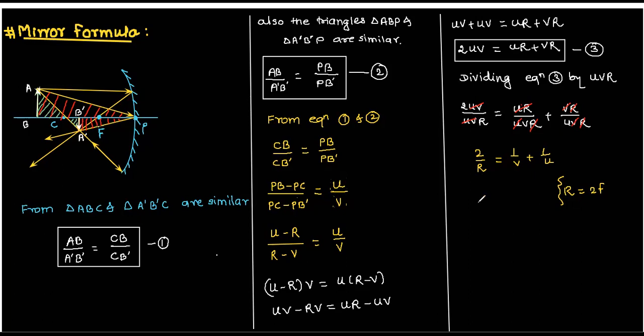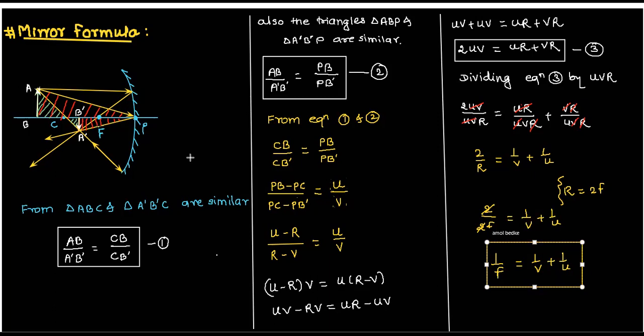So what we are getting is 2 by 2F is equal to 1 by V plus 1 by U. And this 2 and this 2 will get cancelled. And you are getting equation 1 by F is equal to 1 by V plus 1 by U. Which is what your mirror formula. Clear? Understand?